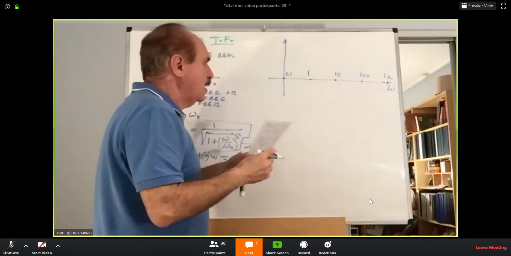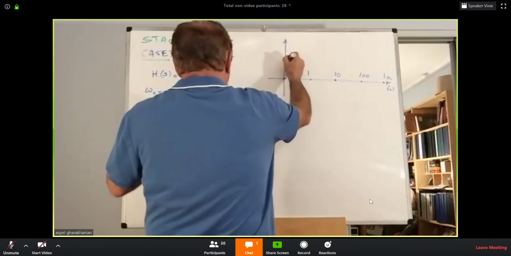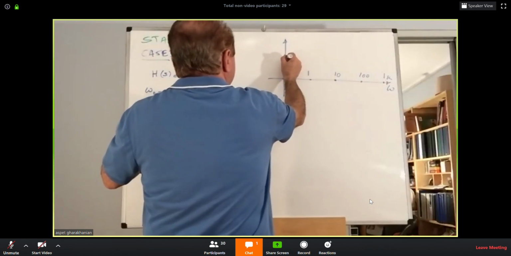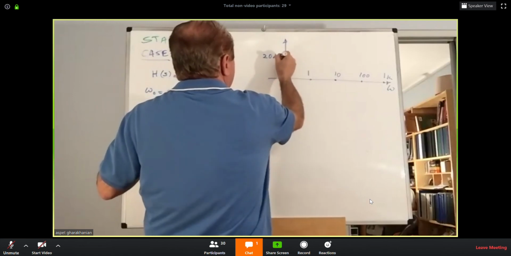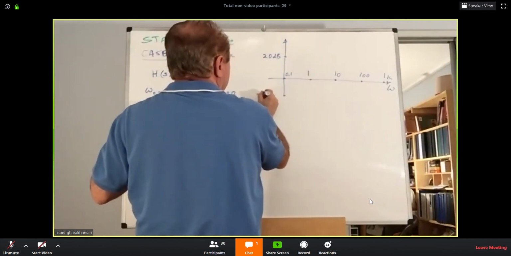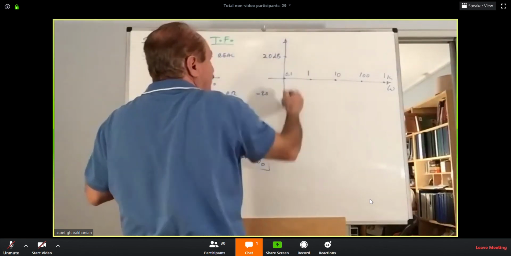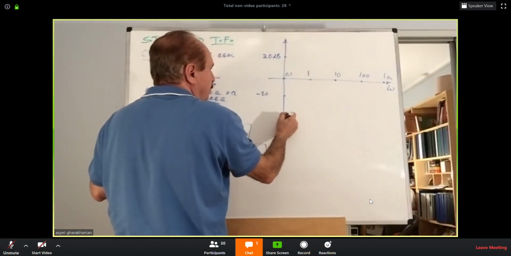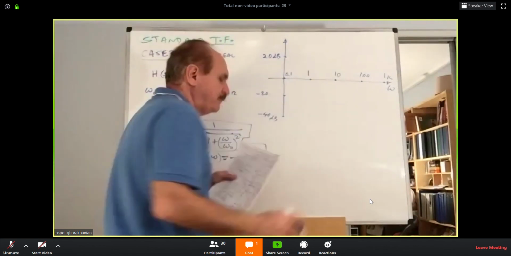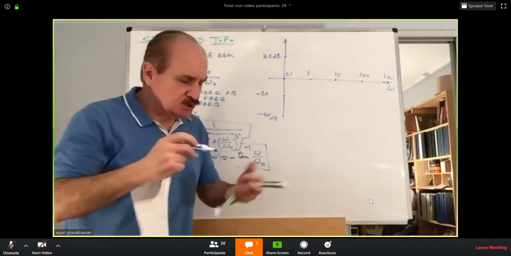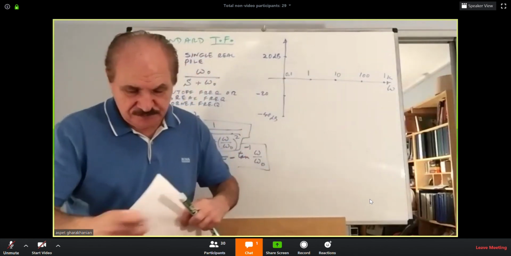And that is my scale. Let's say this is 20 dB, and that is minus 20 dB, and then 40 dB, 60 dB, etc. Here, minus 40 dB, equally spaced. Here is how to draw the Bode magnitude.